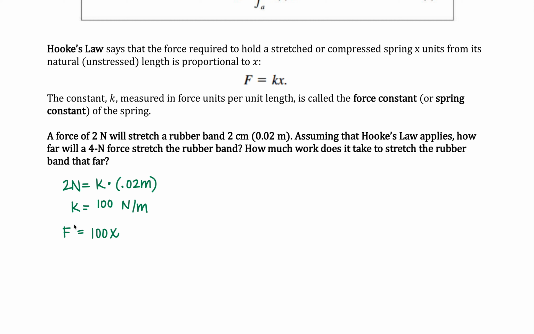If I put 4 in for F and solve the equation for x, just divide 4 by 100, x is going to be 0.04 meters, so 4/100ths of a meter. So that answers the first part.